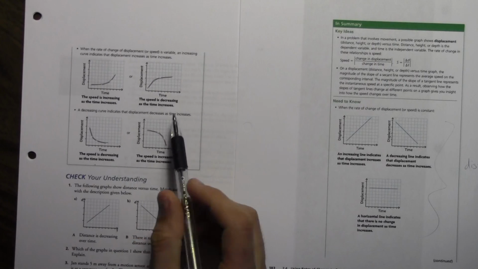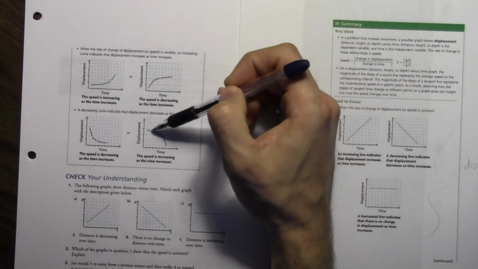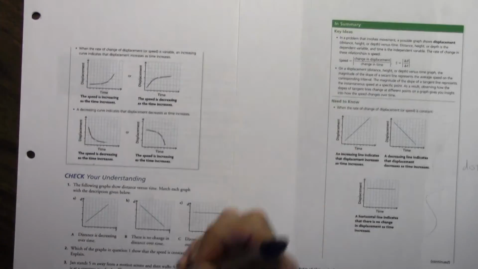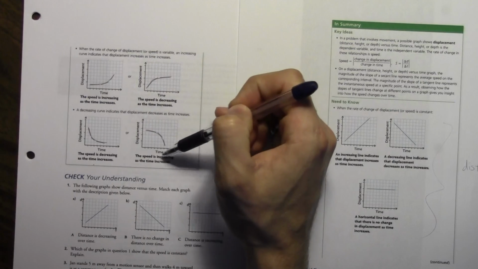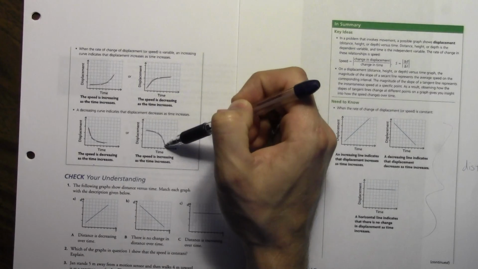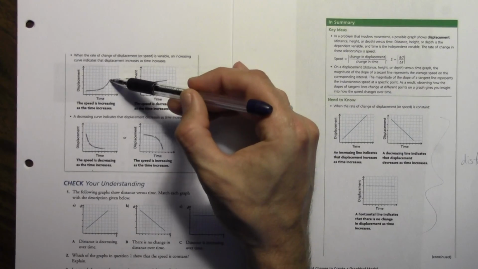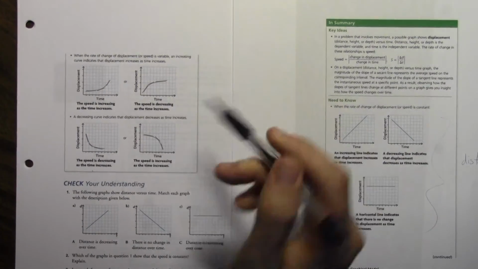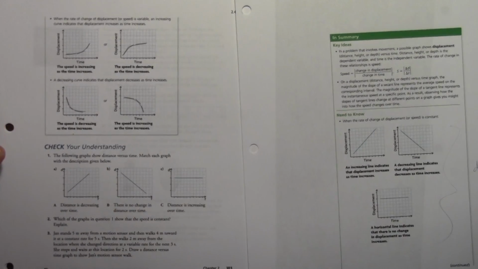And finally, the speed is increasing as time increases. So here, he's speeding up as time increases in a negative direction. Here he's speeding up in a positive direction as time increases. All right, that's it.